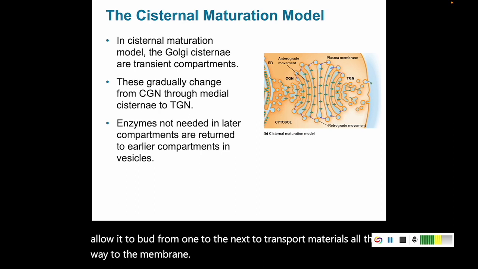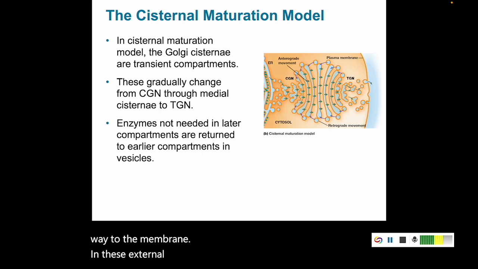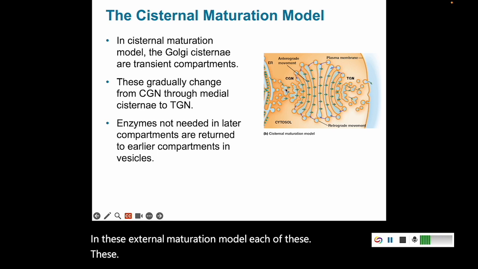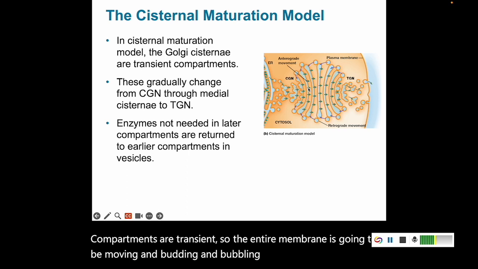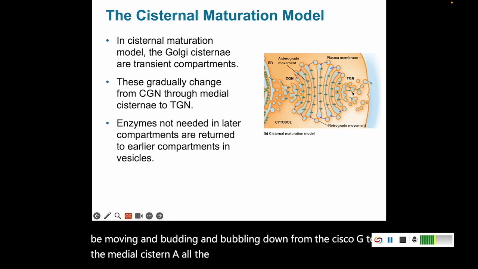In the cisternal maturation model, each of these compartments is transient. So the entire membrane is going to be moving and budding down from the cis-Golgi to the medial cisternae all the way to the trans-Golgi network.